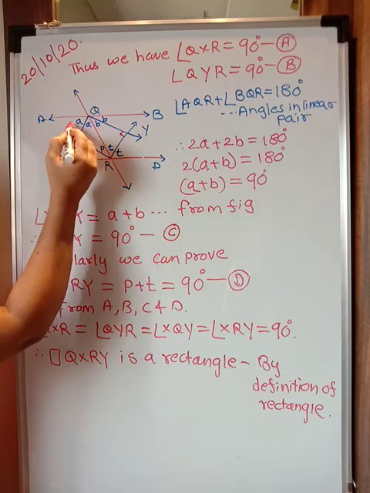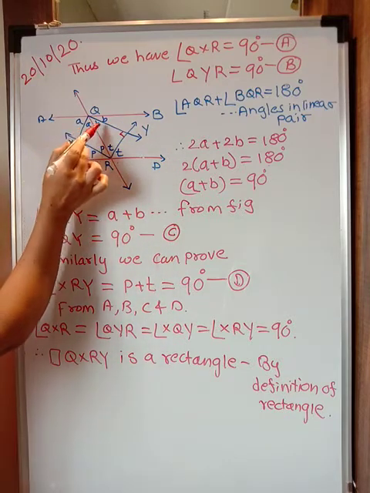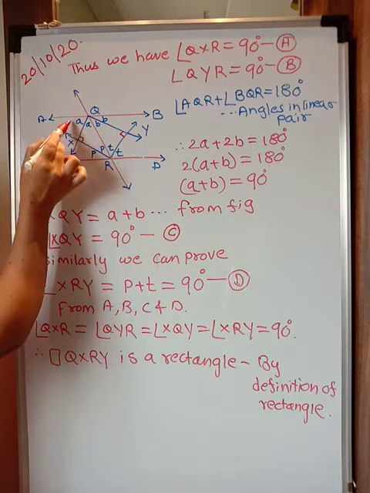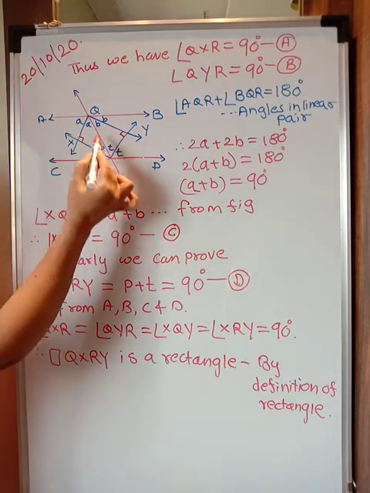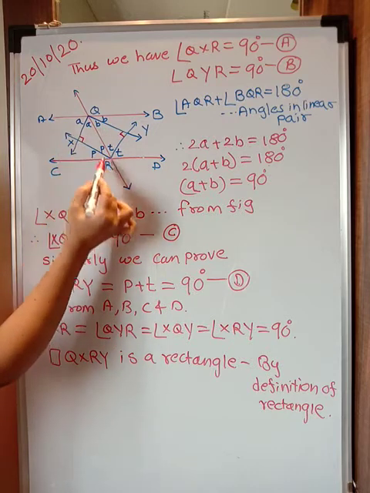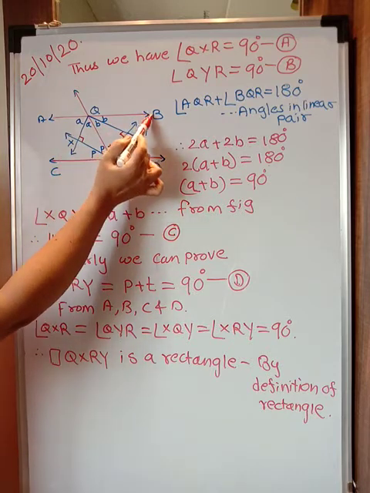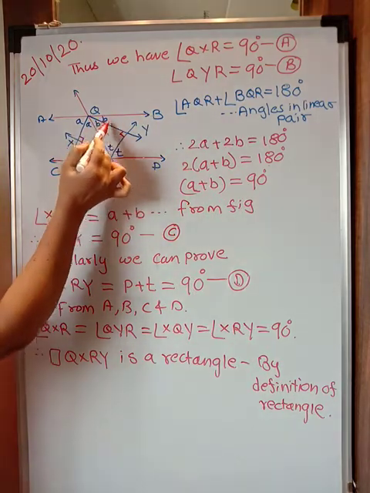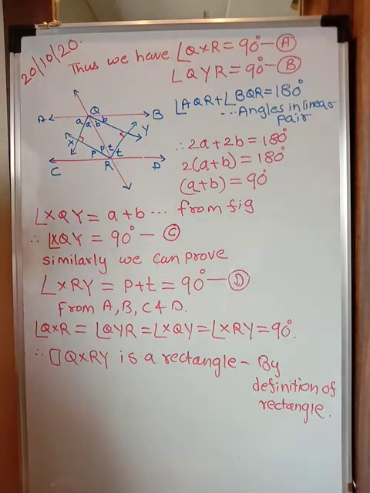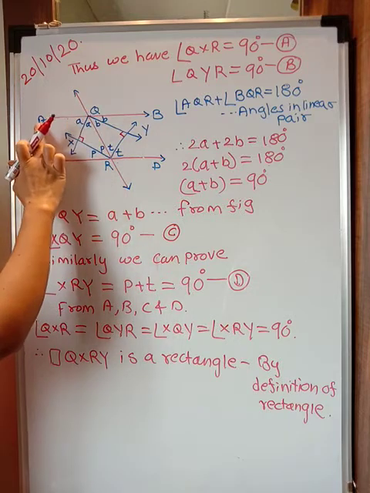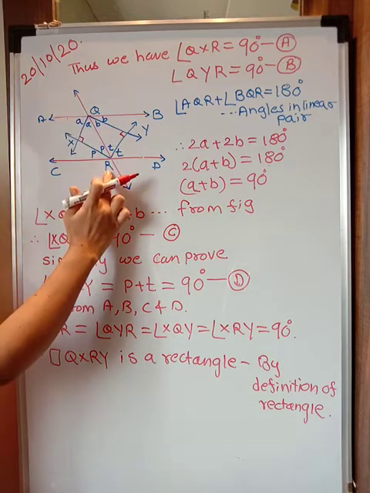Can you see this? Now see, A plus B plus B, this whole will be 180 degrees because angle AQR plus angle BQR, this angle plus this angle, both are angles in linear pair. But what is angle AQR?